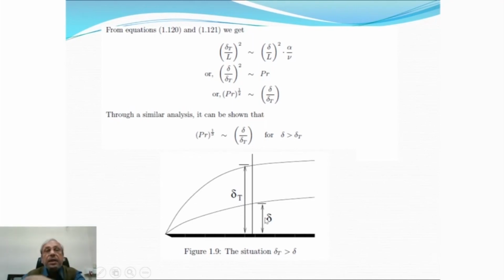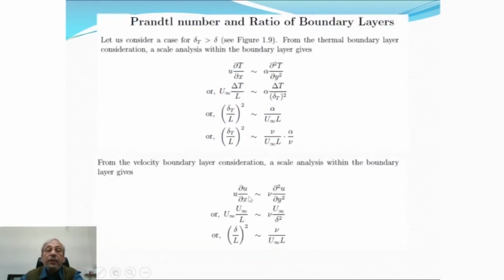We will consider the exactly different case if it is otherwise also. But now let us consider the case when δT is greater than δ. If it is so, then from the thermal boundary layer consideration, we can say within the thermal boundary layer, u ∂T/∂x is of the order of α ∂²T/∂y². That means we have kept the highest convective contribution and the highest diffusive contribution of thermal energy.